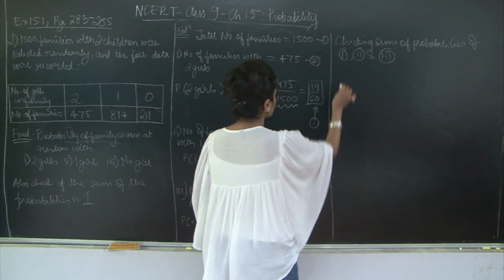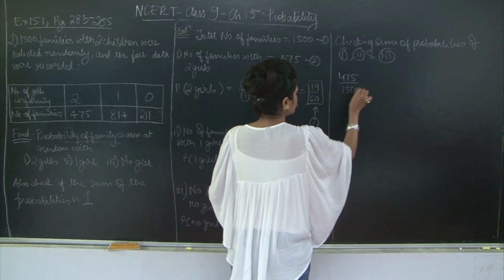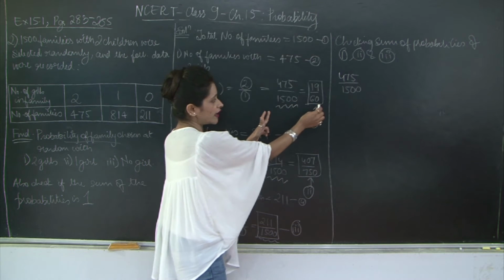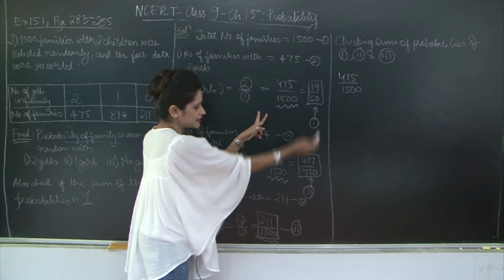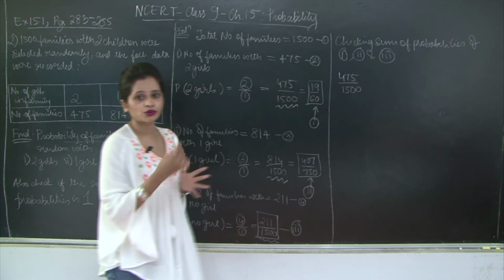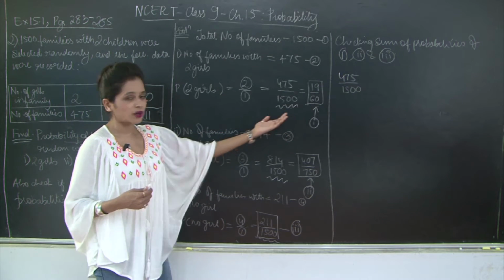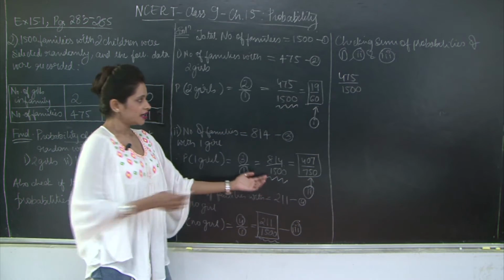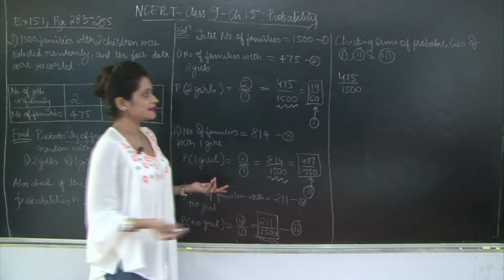We get 475 upon 1500. Please note that I am taking this value and not this solution value. Why? Because here we have the denominator as 60, here it is 750 and here it is 1500. So we would have to go through finding the LCM. Instead, we can just go one step backwards and take the ones that have the common denominator as 1500, so that we do not have to find the LCM.